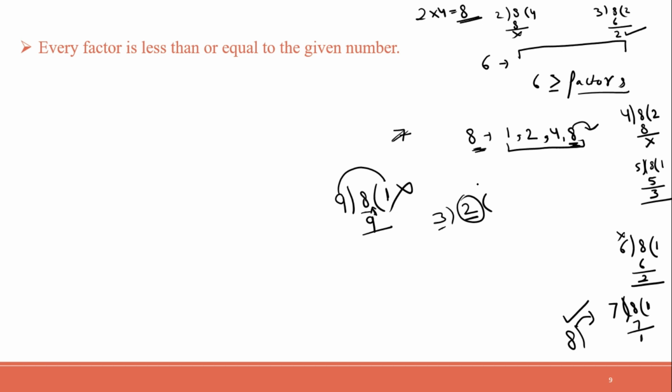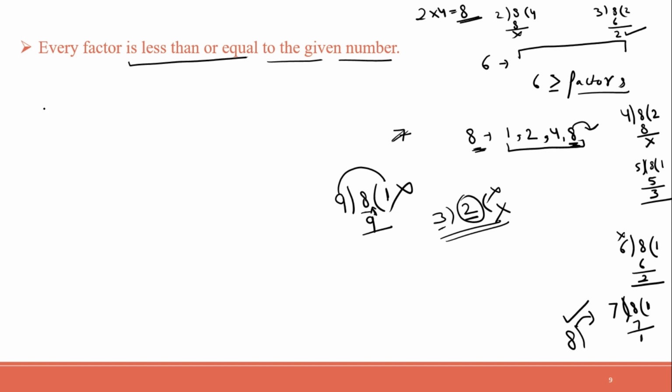Got it? So we will get the answer in fraction or we cannot divide this. Right now we are talking about whole numbers, so we will not consider fractions. So every factor is less than or equal to the given number.